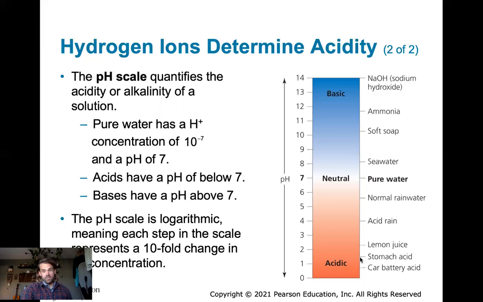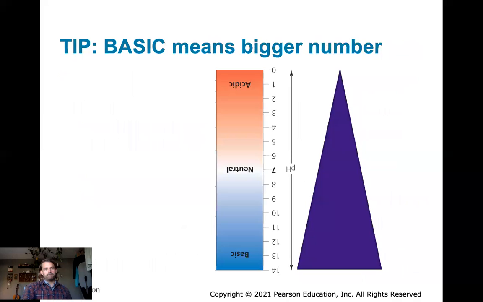Look at where stomach acid sits at 1.5. That's pretty crazy. There's not that much stuff in the world that's more acidic. It's 650 times more acidic than water. So pretty interesting. Okay.